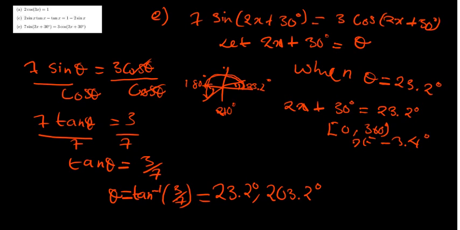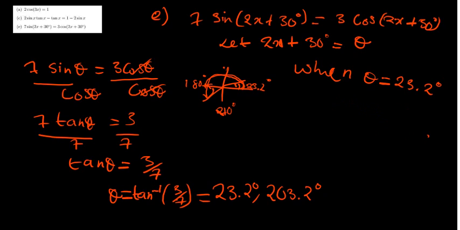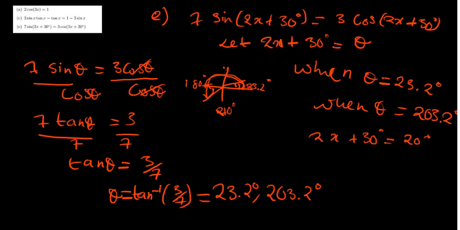Let's consider now 203.2. When theta is equal to 203.2 degrees, 2x plus 30 degrees is equal to 203.2 degrees. So 2x is equal to 203.2 minus 30, then divide by 2.